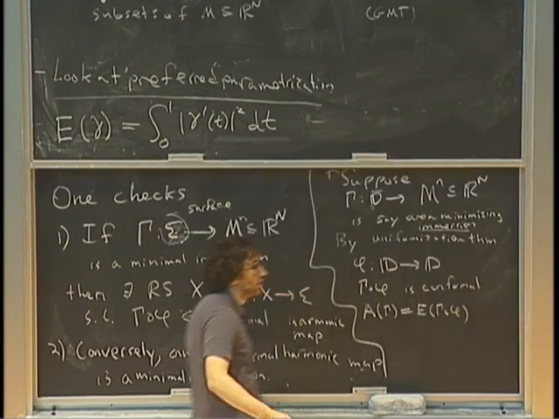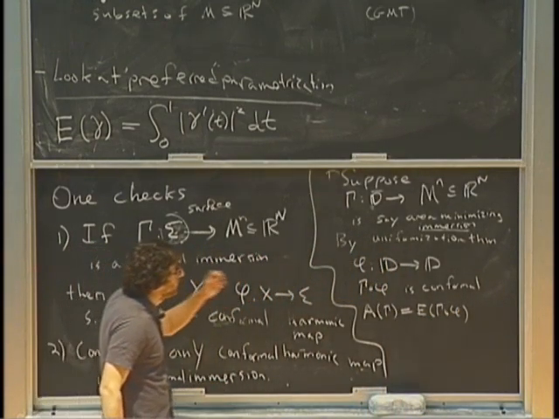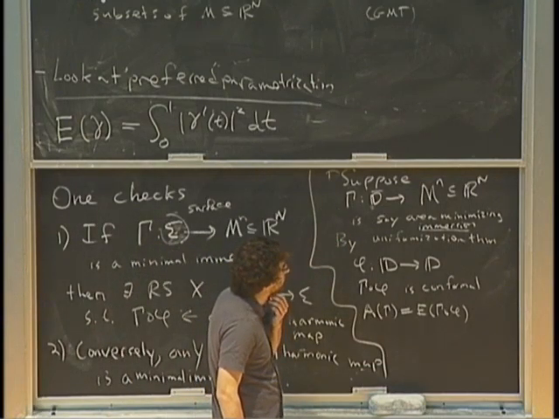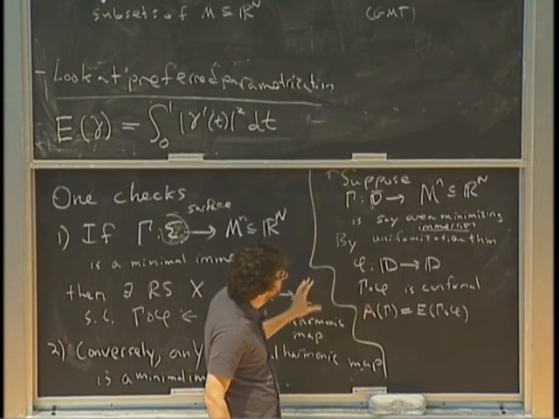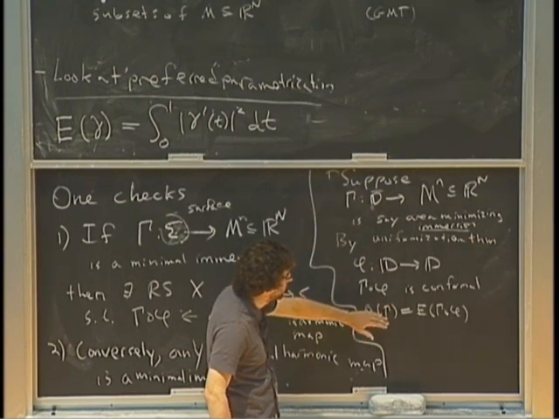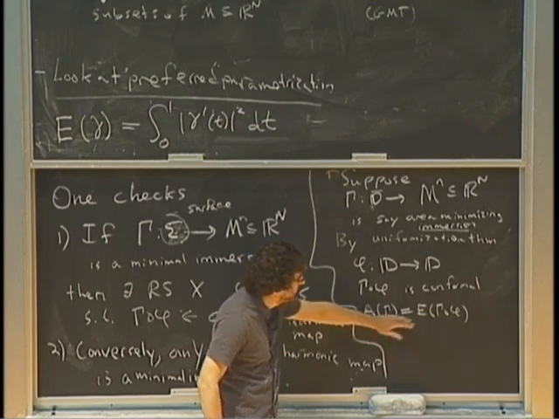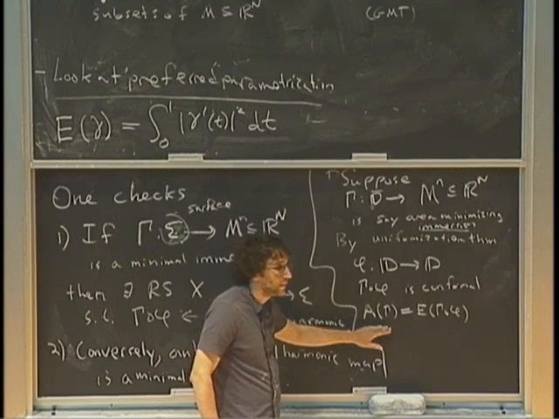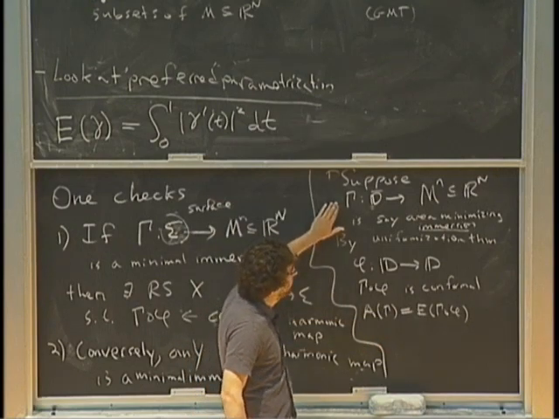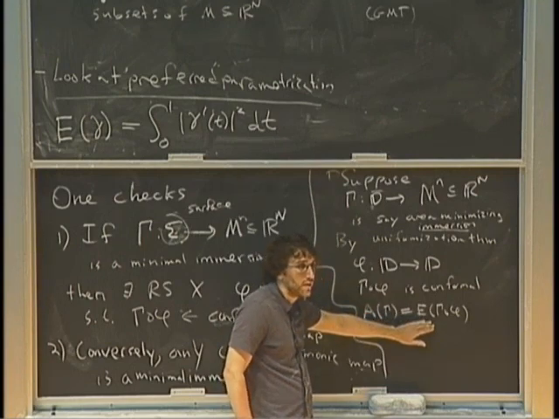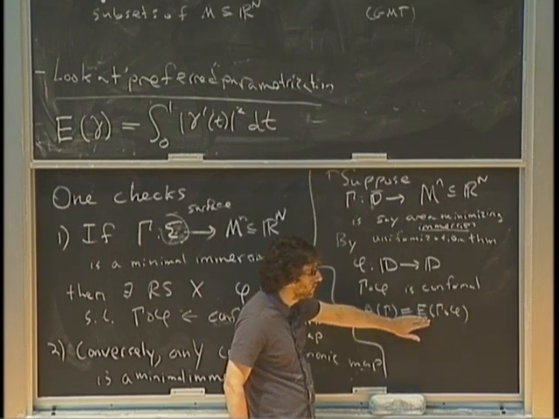If we had an area minimizer which was an immersion, then we could do this argument. There's a little bit of a technical issue about the extension to the boundary, but let's ignore that. Then you could reparameterize the curve and get that the energy was the same as the area. So finding an area minimizer, in some sense, you would hope to be the same as finding an energy minimizer, which, as we would expect, is simpler.